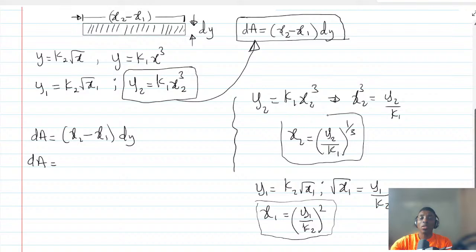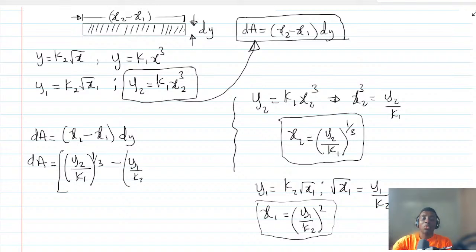So now I can say that my expression is going to be y2 over k1 to the power 1/3 minus y1 over k2 squared, and then everything into dy.